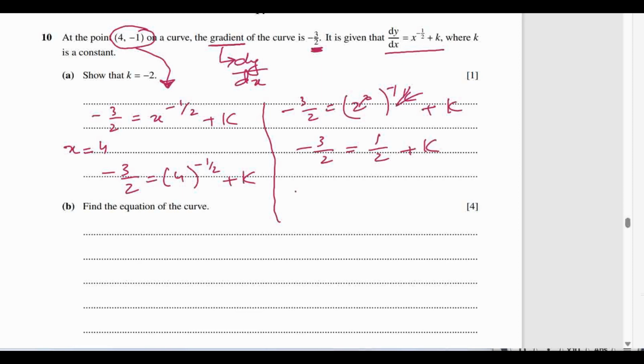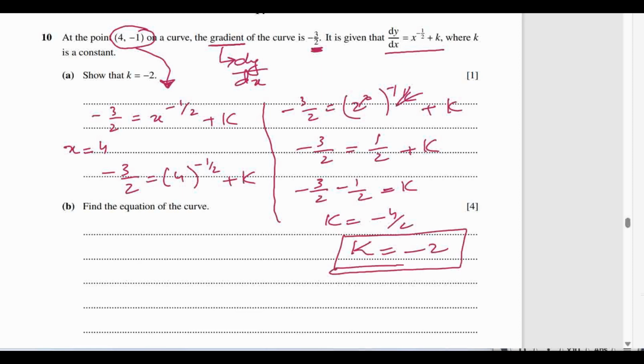If we simplify, minus 3 by 2 minus 1 by 2 is equal to k. So k will be equal to minus 4 by 2. So finally k will be equal to minus 2. So this will be the final answer for part A.